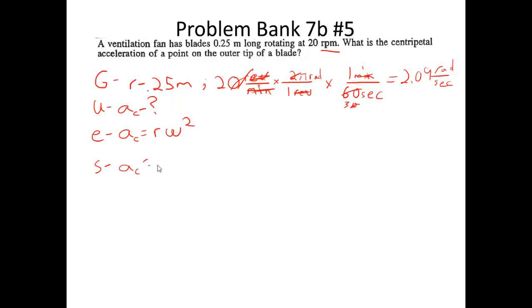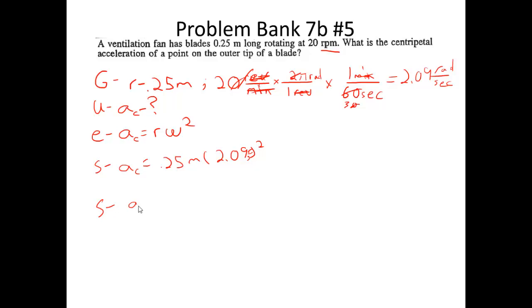Substituting everything in, we see that 0.25 is our radius. We're going to times that by omega, which is 2.09 squared. That is radians per second.